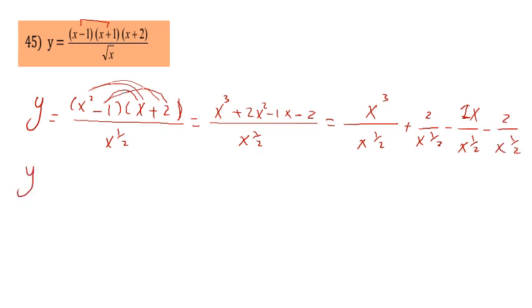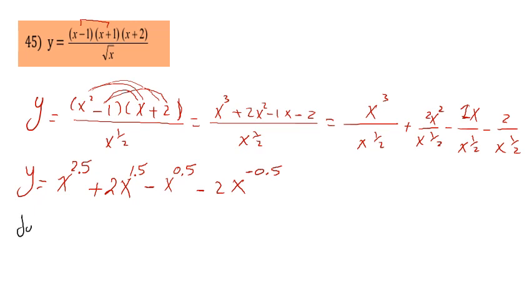So I can write y as a sum of terms of x. So y is equal to x to the power of 2.5, plus 2x to the power of 1.5 after subtracting the power, minus x to the power of 0.5, minus 2x to the power of negative 0.5 or negative half, as you prefer. Finally, at the last step, you can write it as a fraction.